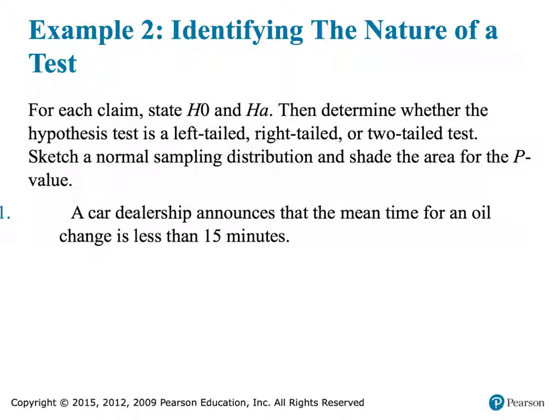Or here's another. A car dealership announces that the mean time, so this is about mu, for an oil change is less than 15 minutes. So we know that the inequality always belongs in the alternative hypothesis. So in our alternative, we would say that mu is less than 15.